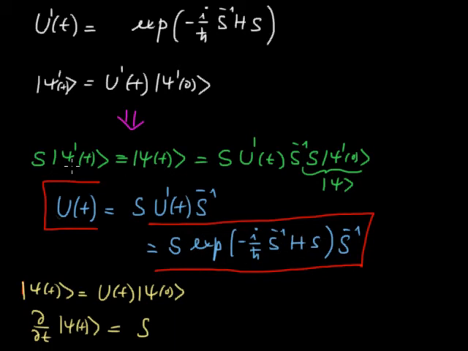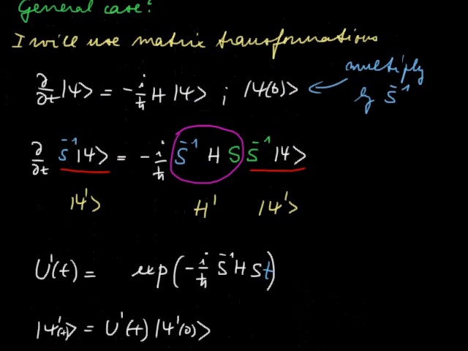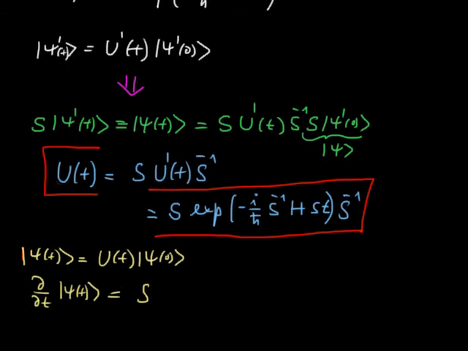The only thing that the derivative touches is t as time. The property of the exponential is such that everything in front of the time goes down here. So I get minus i divided by h bar S, minus 1 H S, and here is the function again.